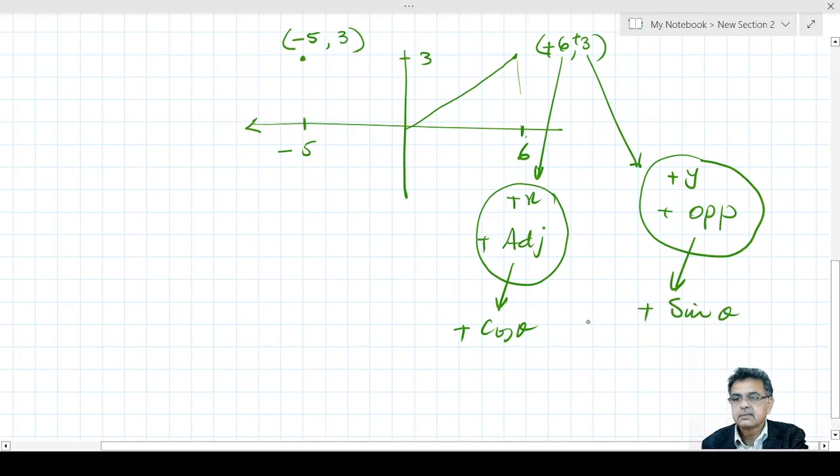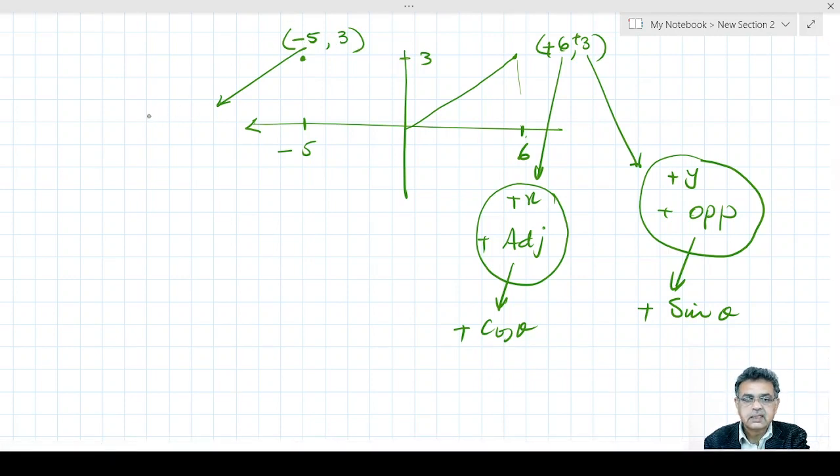Sin is positive in this case. In the second quadrant, x is negative, so directly relating it to cos or sin, cos theta is negative here. This is the y coordinate. If the y coordinate is positive, that means sin theta is positive.